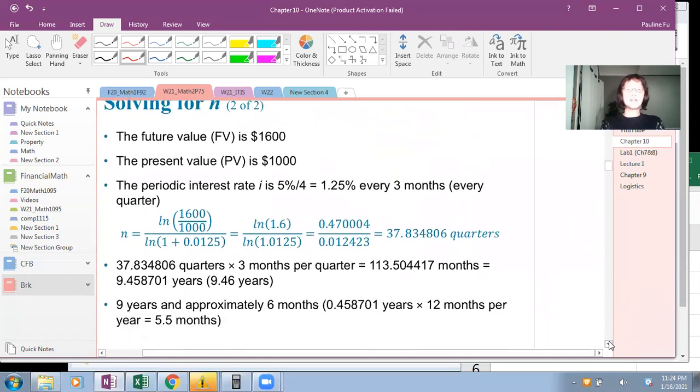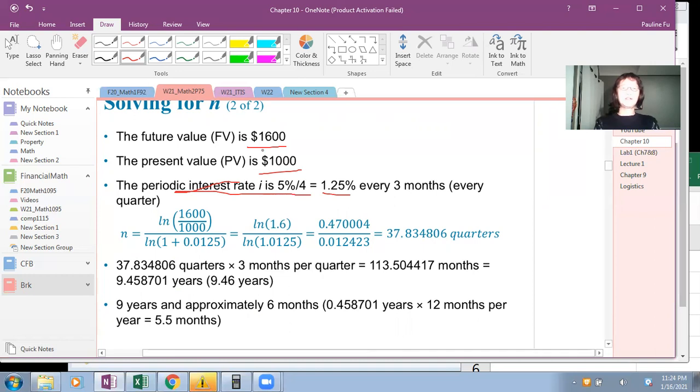Let's look at this example. Suppose future value 1600, present value 1000, and suppose interest rate is 5% compounded quarterly. That means the periodic rate is 5% divided by 4, 1.25% every quarter.